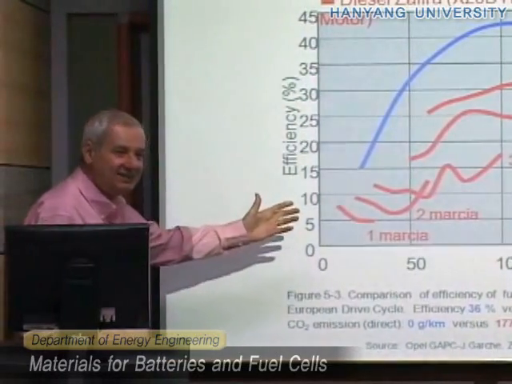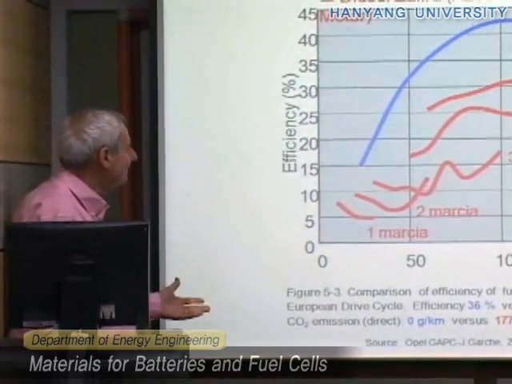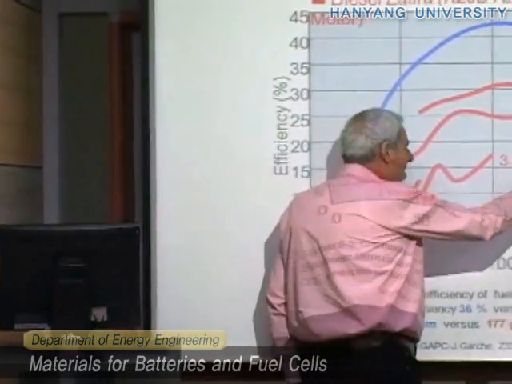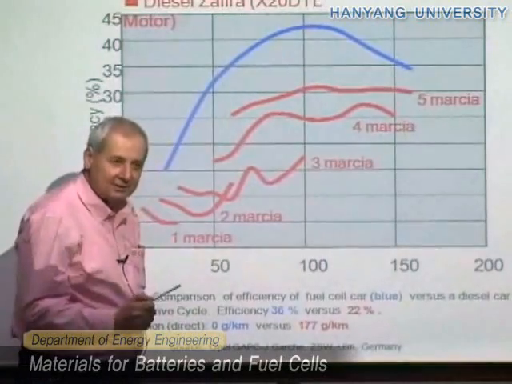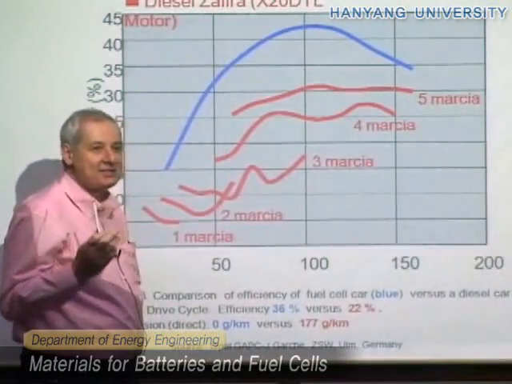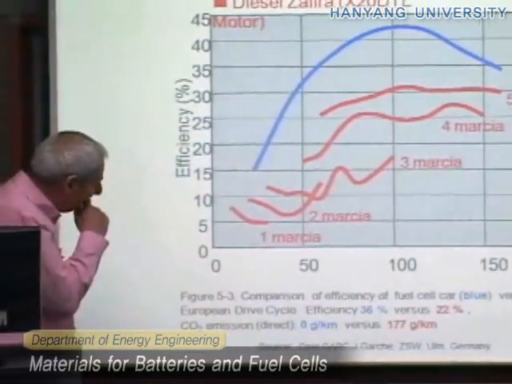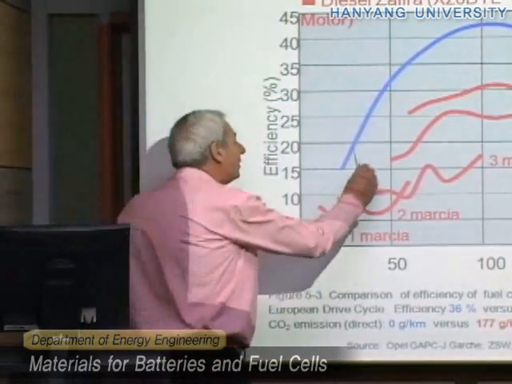Anyway, a diesel car, and a fuel cell car, right? This means first gear, second gear, third gear, fourth gear, fifth gear. How do you say gear in Korean? Same? Oh, that's easy. And you see that the efficiency of the fuel cell is always higher.